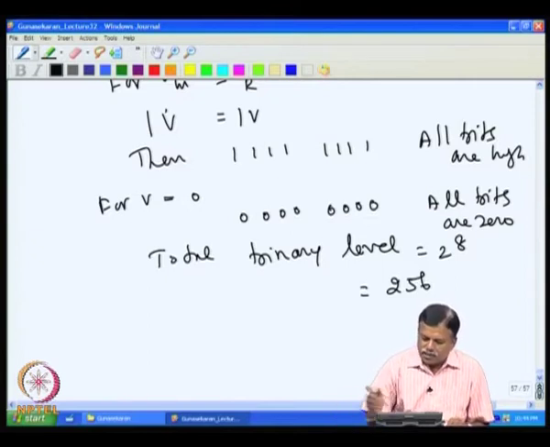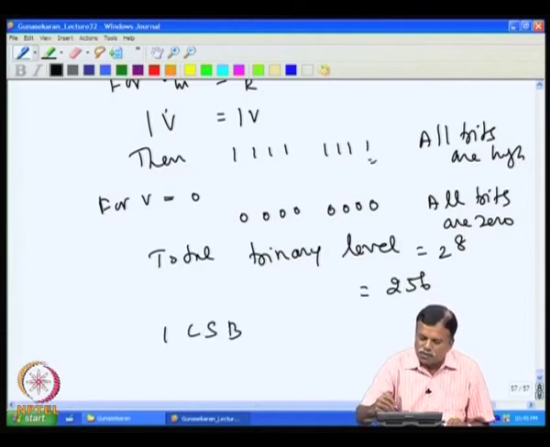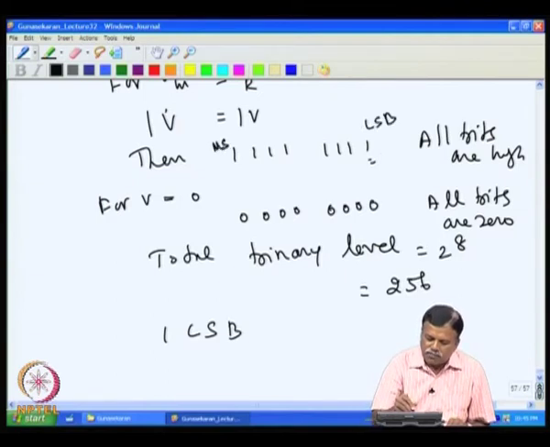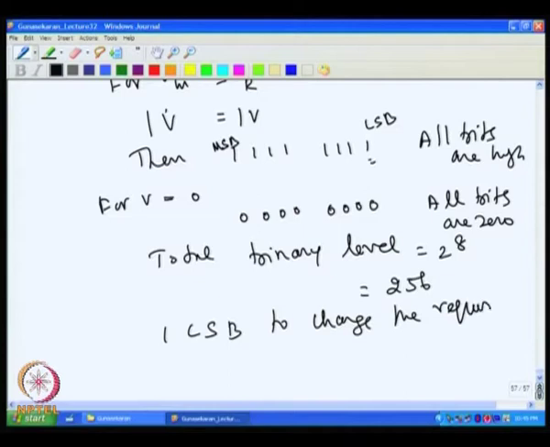That means for 1 LSB to change, the required voltage is 1 volt divided by 256, which is nearly equal to 4 millivolt.